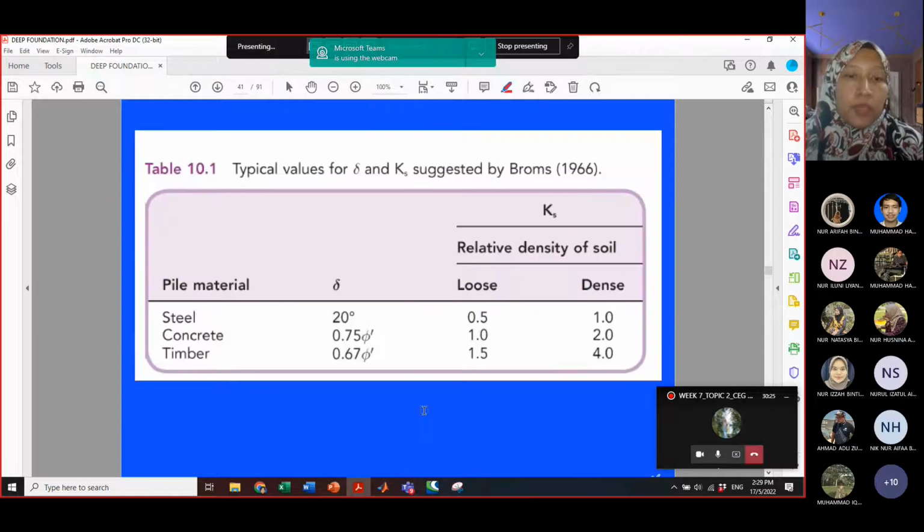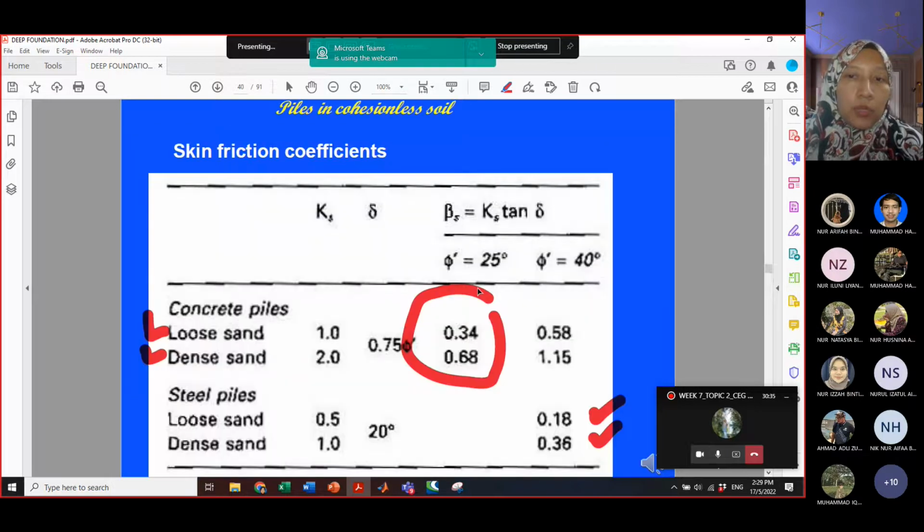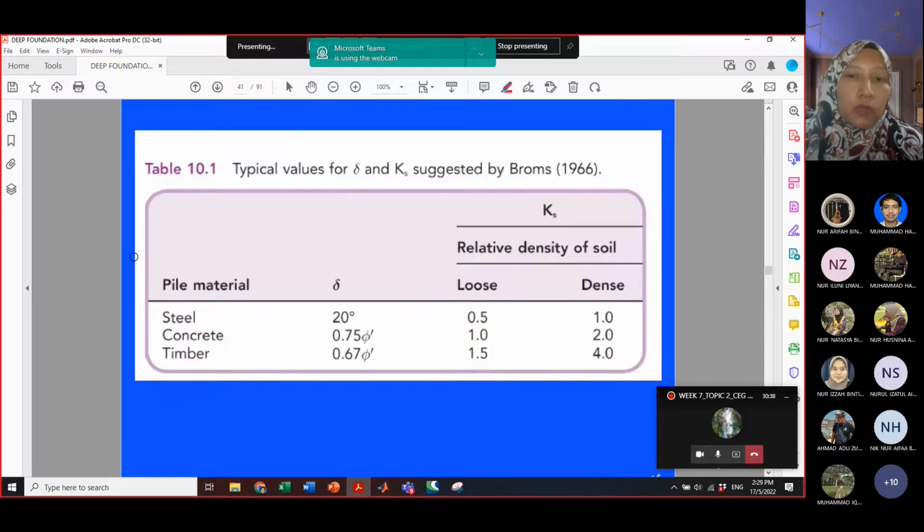The data also depends on the pile material. This is like what was explained earlier, but with different references. Earlier was from this kind of book, the other is from this reference from 1966. So this is some suggestion on how to get the data value for steel pile, concrete pile and also timber pile.